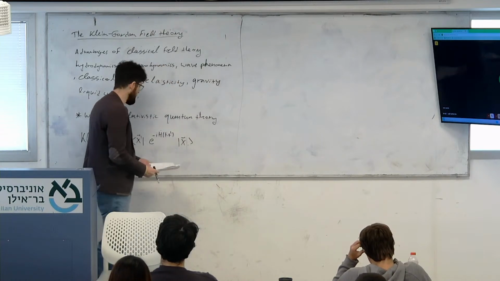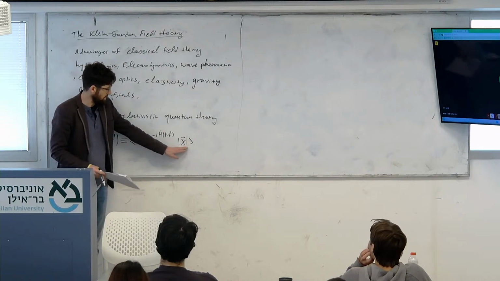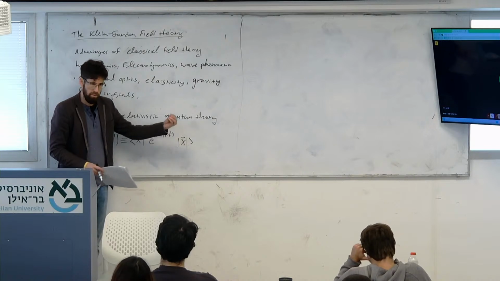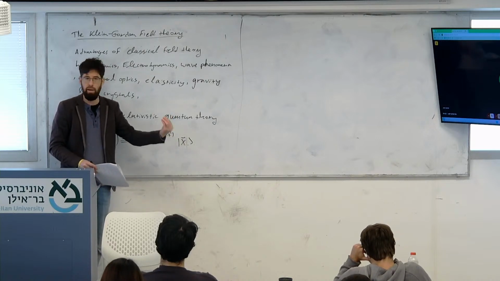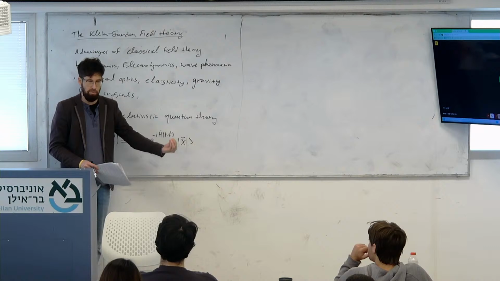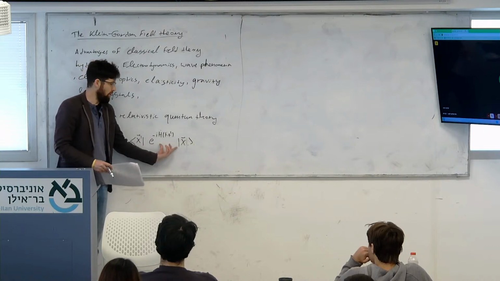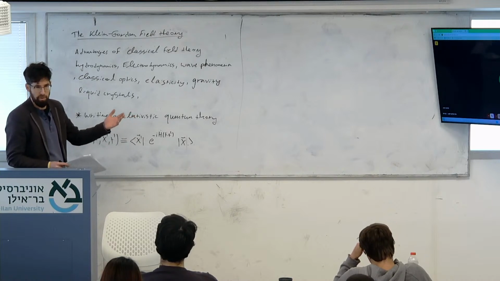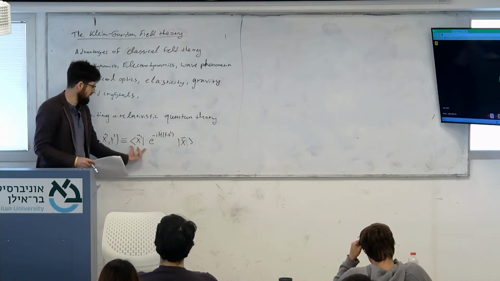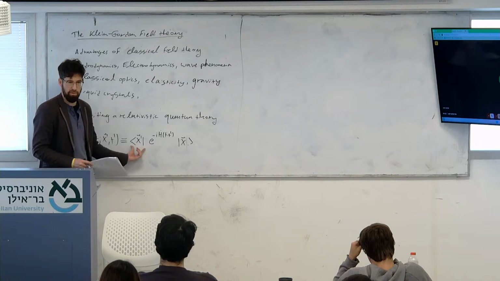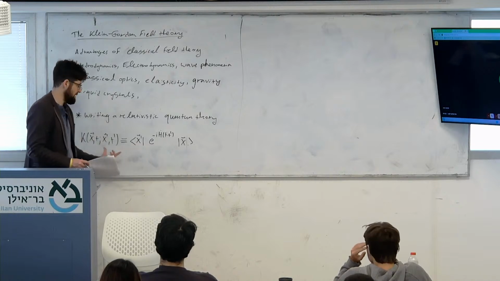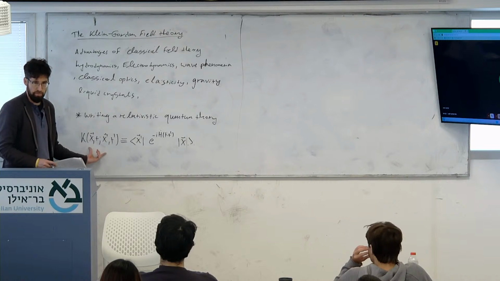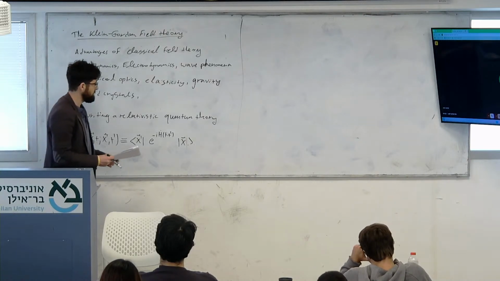So what this quantity represents is initiating a particle at x, so it's certainly located at time t at location x, then evolving it up to time t prime, and then asking what is the probability of observing it at x prime. And this is not a probability, this is a probability amplitude. So it can be complex.